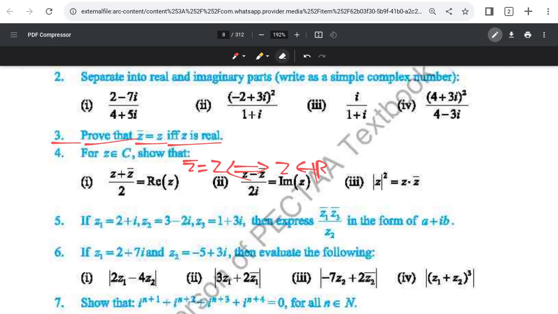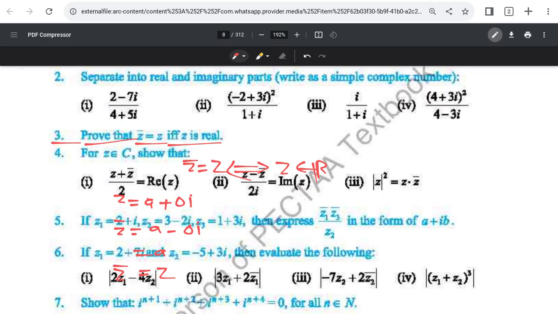In the second part, if z is equal to a plus 0i, then z bar is equal to a minus 0i, that is equal to a, and a is equal to z. So z bar is equal to z.